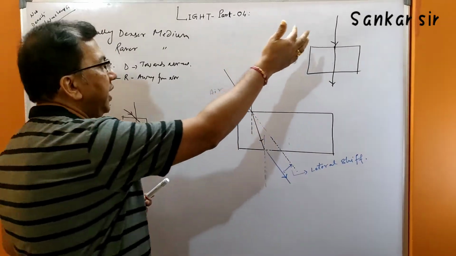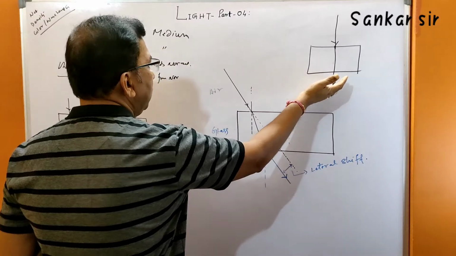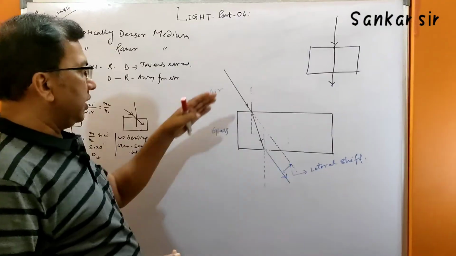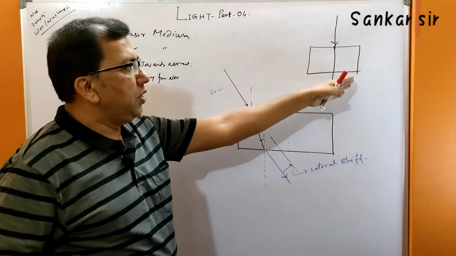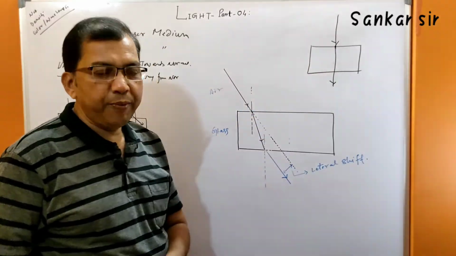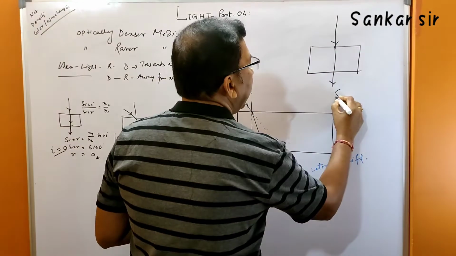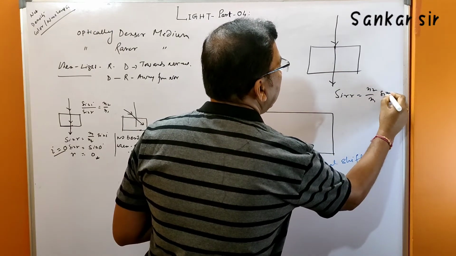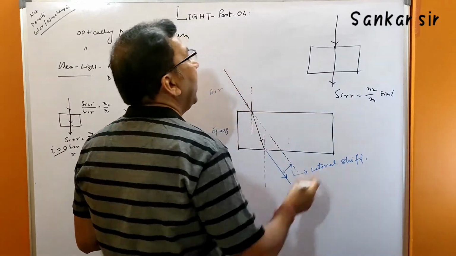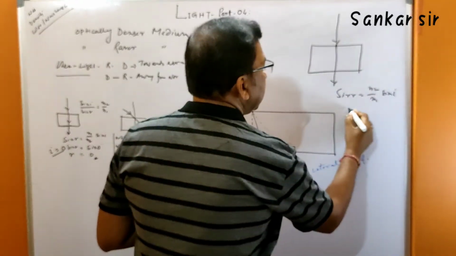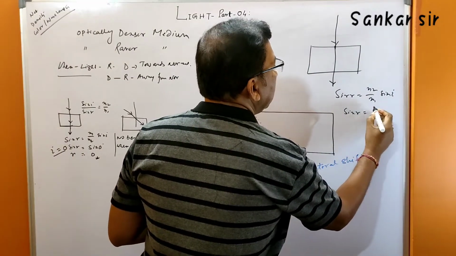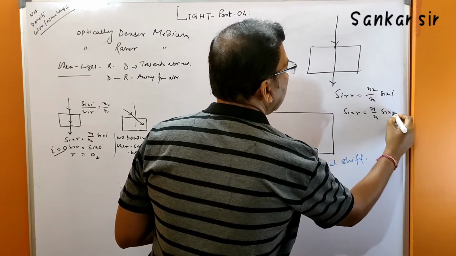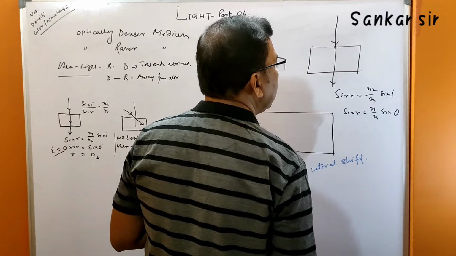In that case, sin I by sin R equals N2 by N1. What will be the value of the refracted angle? It will be 0. Because sin R equals N2 by N1 into sin I. As I is 0, sin R equals N2 by N1 into sin 0.